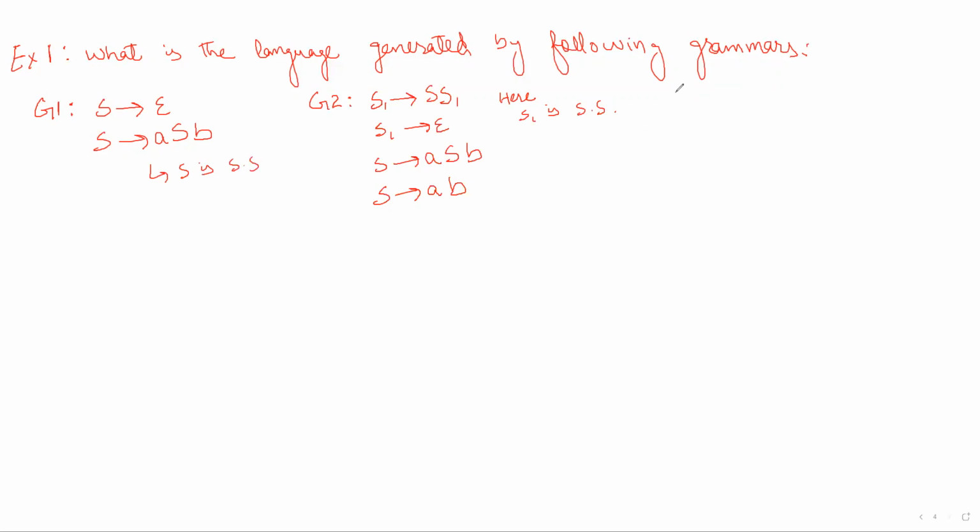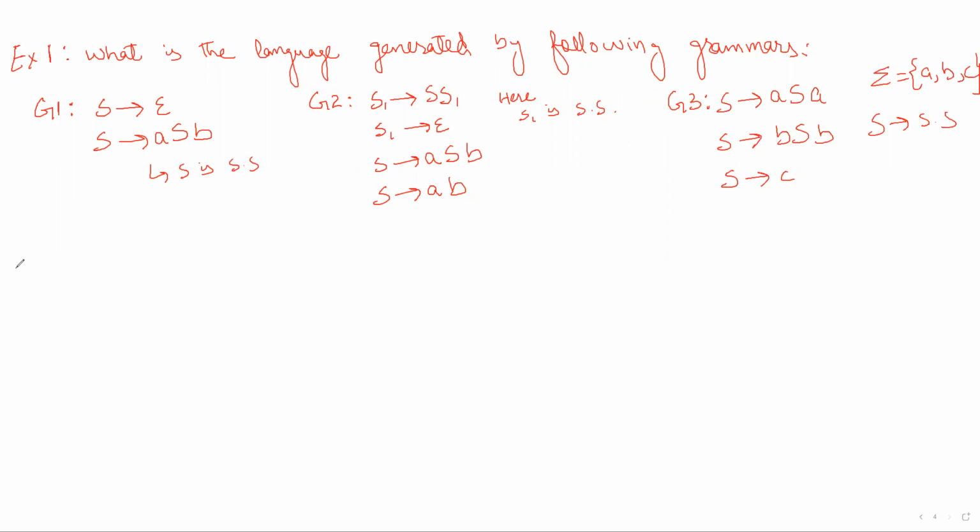So this is grammar 2. Grammar 3: S gives A S A, S gives B S B, S gives C, where the non-terminals are A, B, C, and S is the start symbol. So for these three grammars, you have to find the language generated by each of them.